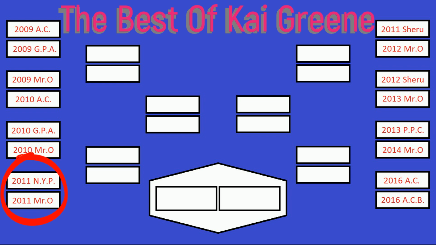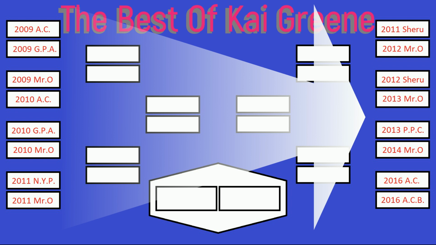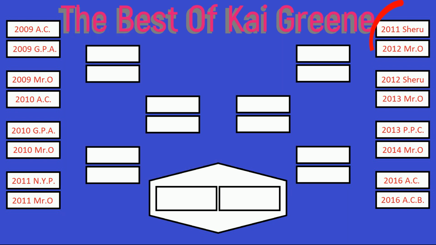Let's go over to the other side here. We will see the 2011 Shiru Classic version of Kai Greene versus the 2012 Mr. Olympia. Next matchup will feature the 2012 Shiru Classic versus the 2013 Mr. Olympia.